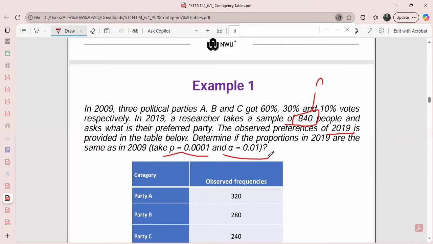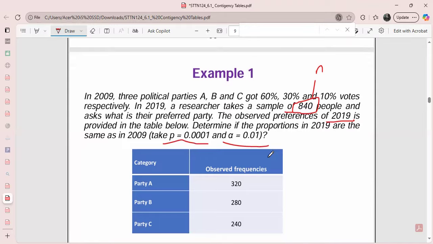certain level of significance. So here in this case, we have the p-value of 0,0001 and the level of significance alpha as 0,01. So we're going to compare the p-value with alpha. Between 0,0001 and 0,01, which one is the bigger one?